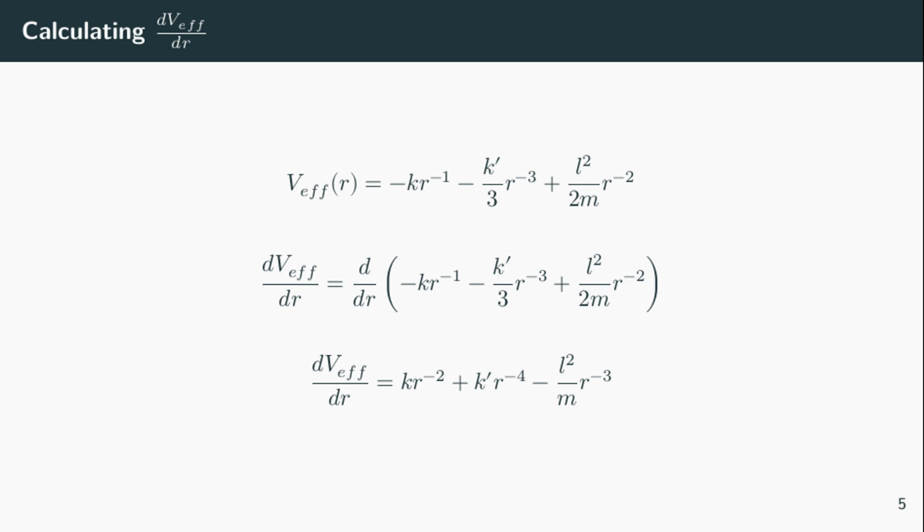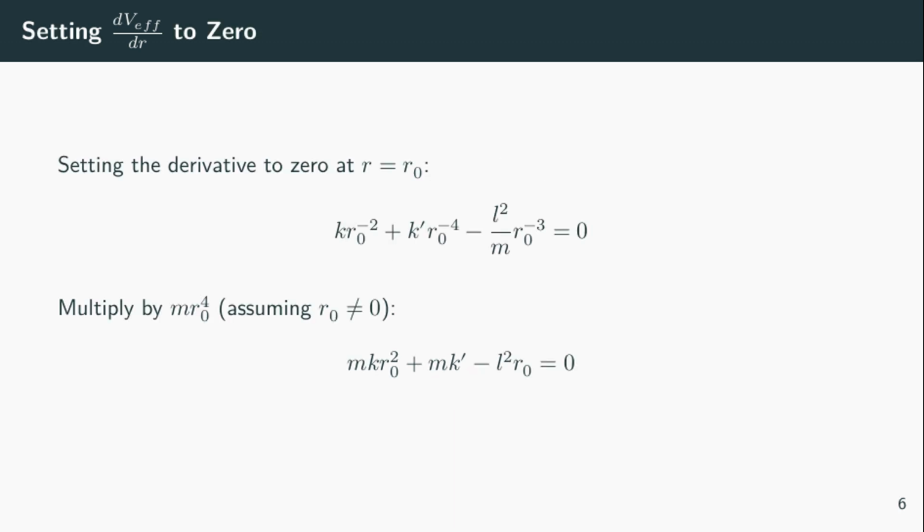Now taking the derivative with respect to r, applying the power rule for differentiation, we get dVeff over dr equals k r to the power of minus 2 plus k prime r to the power of minus 4 minus L squared over m times r to the power of minus 3.